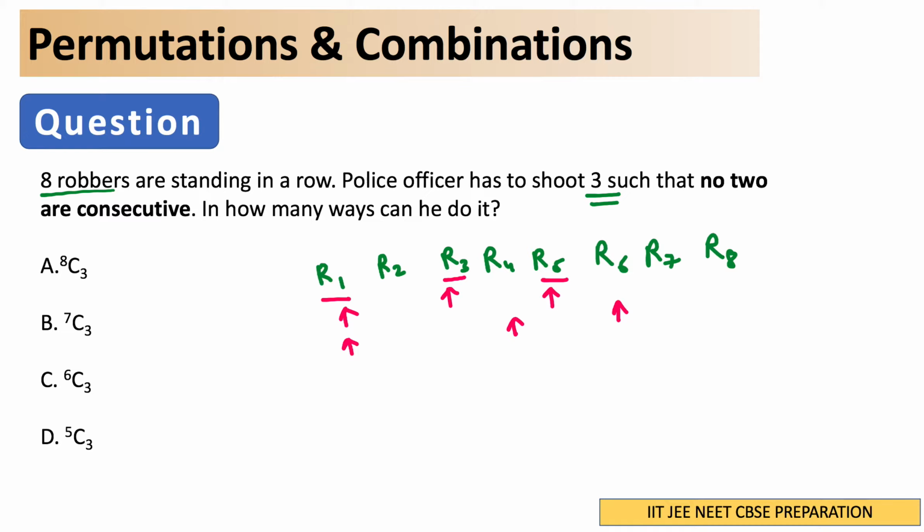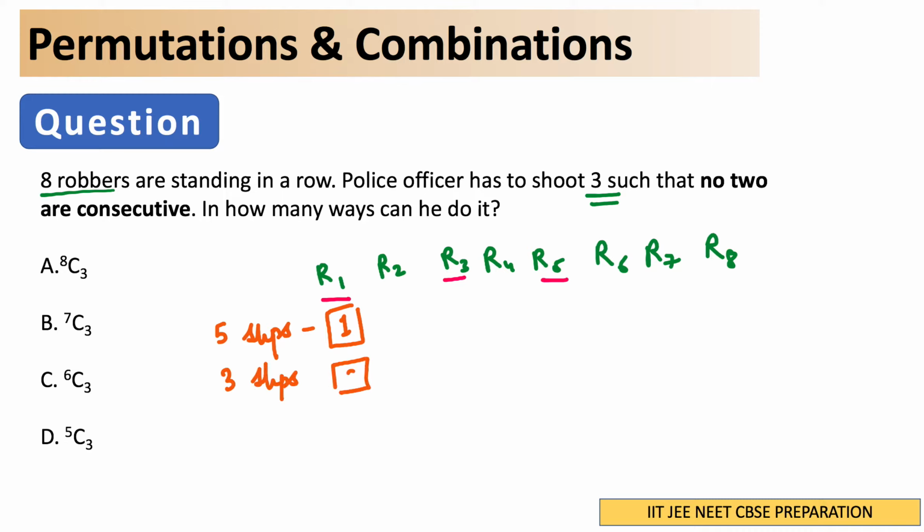So what do we do in that? Let me just clean this and tell you how we do that. Suppose we take some paper slips that have 1 and 0. We take 5 slips which have 1 marked on them, and we take 3 slips which have 0 marked on them.